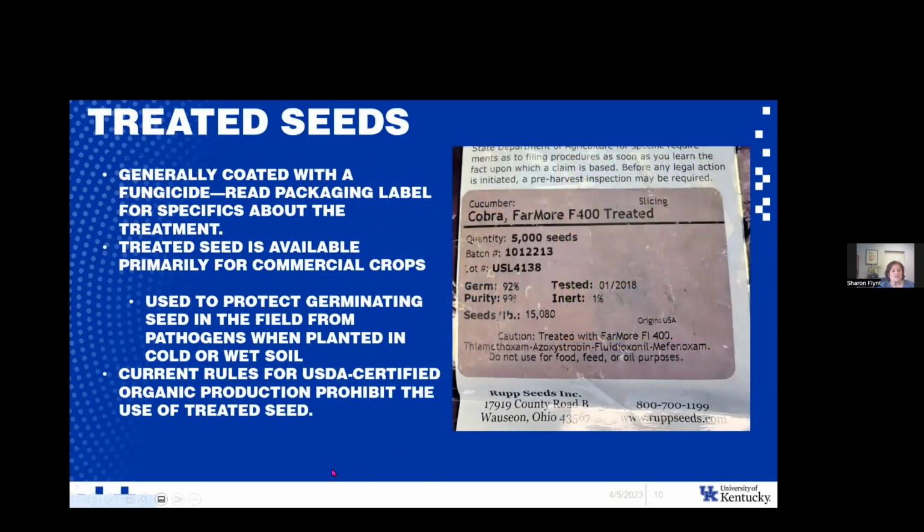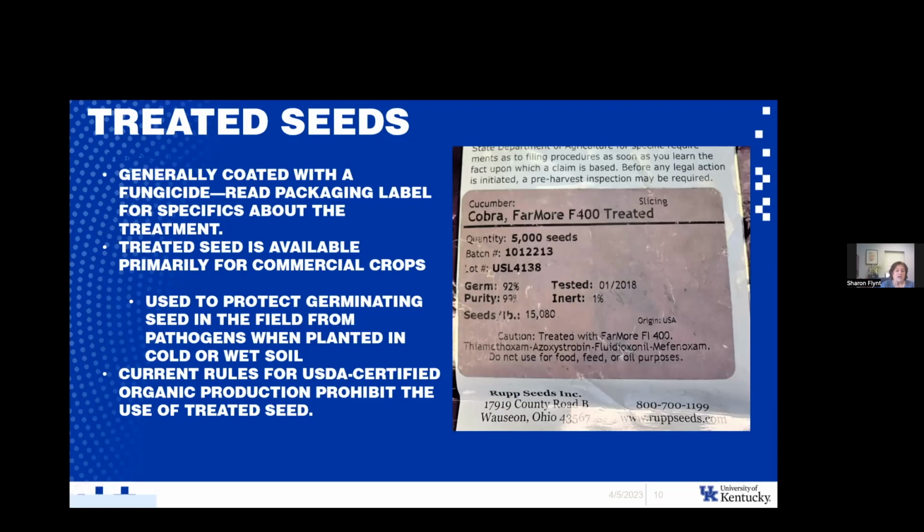Okay, sometimes you'll see treated seeds. See my picture here? This is from one of my commercial growers. Generally, that's what treated seed is for. It's more for the commercial producers of vegetables. It's coated with fungicide because sometimes producers want to get it out early, and the fungicide will help keep the seed from rotting in the ground when it's cold or wet soils.